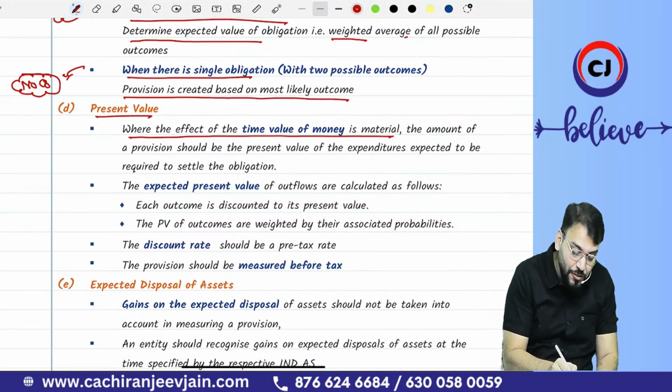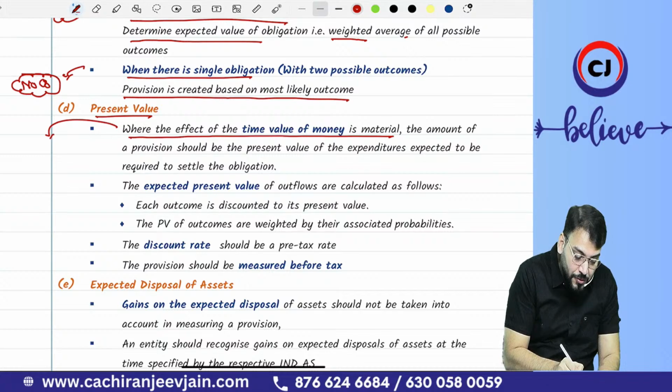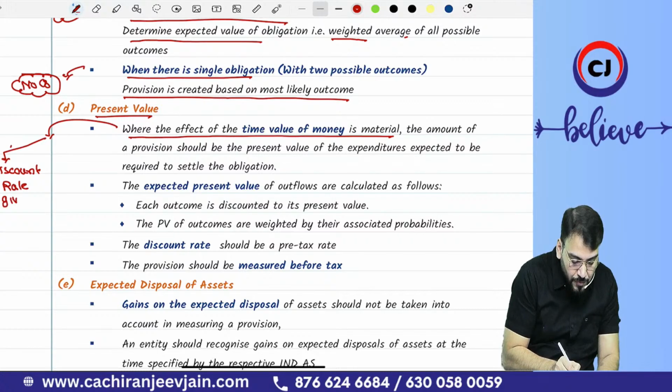If you want to write down, write down. If discount rate is given, then calculate present value.